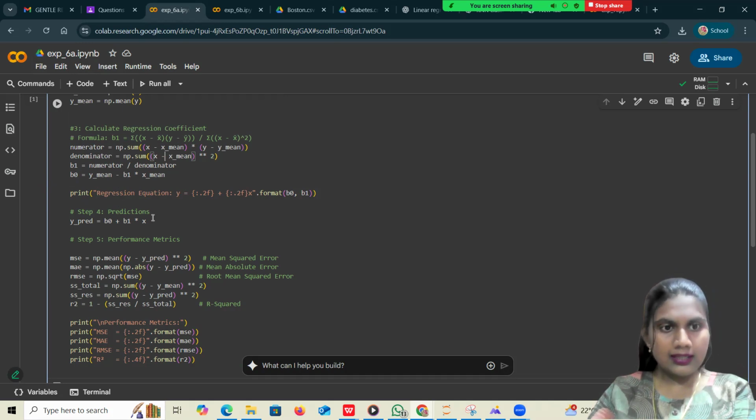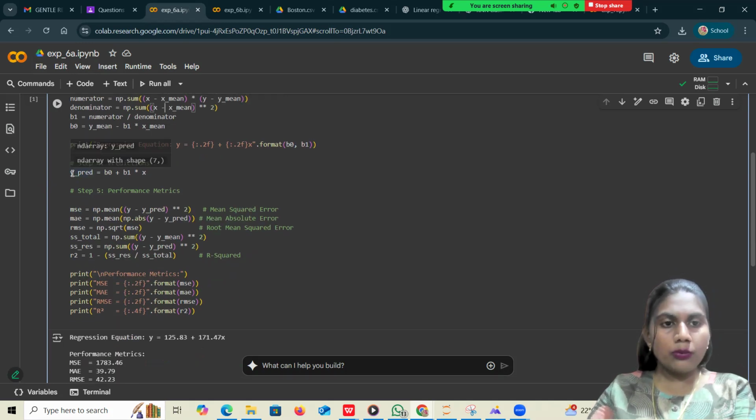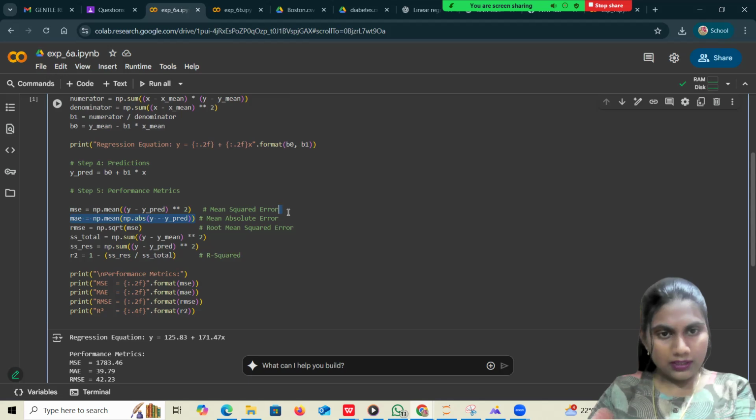We are printing it. Then for the prediction, we are giving the formula y_predict is equal to b0 plus b1 star x. The next step is performance metrics to find mean squared error, mean absolute error, root mean squared error, and R squared.